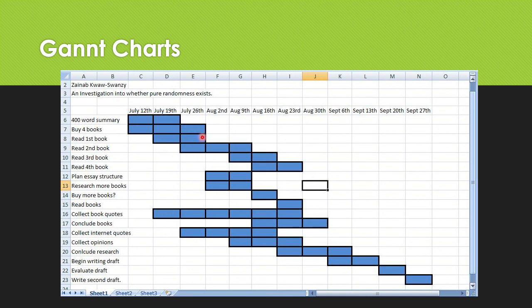But obviously there is a progression here, because they start writing once they've concluded their research, and then they're going to write some drafts and some second drafts and so on, so that there's a clear progression here over time in terms of what they're going to do and what they're not going to do.